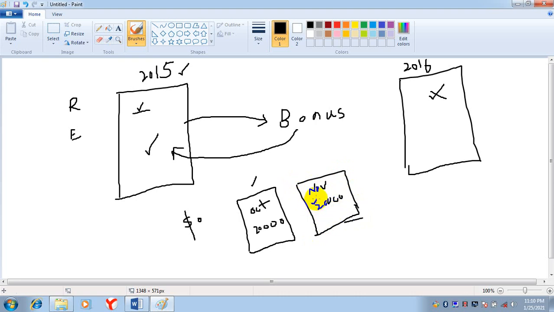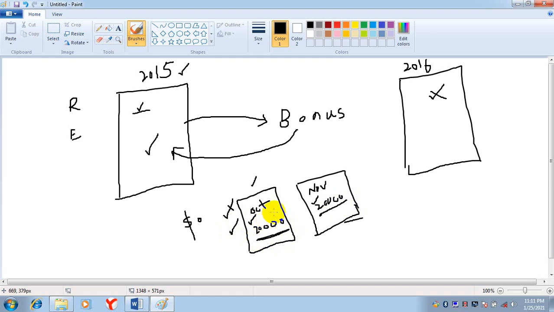Cash is received here, 20,000, but we provided services here. So we will record it in the month in which we provide the services and not in the month when we received cash. Receipt and payment of cash, ignore that. Revenue will be recorded to that month in which you provided the services.